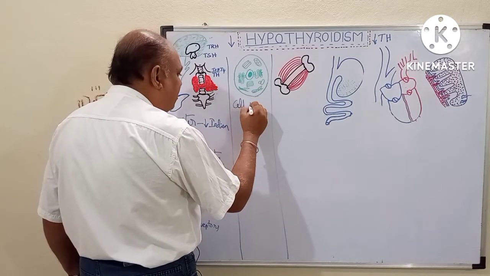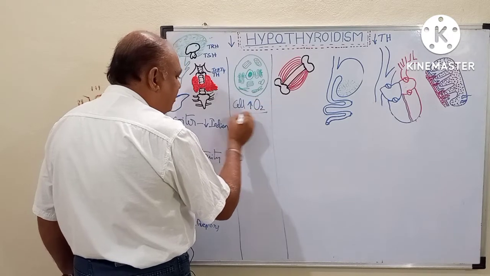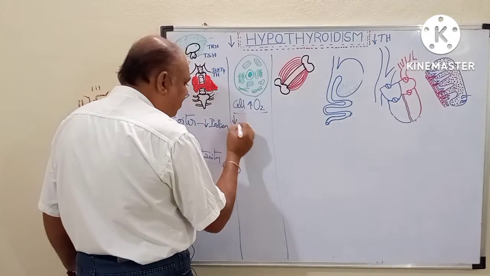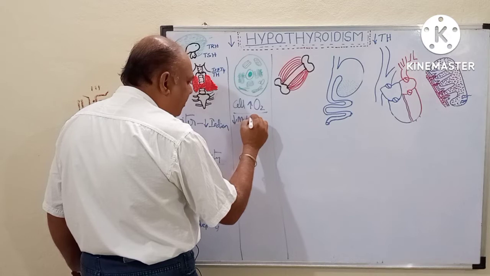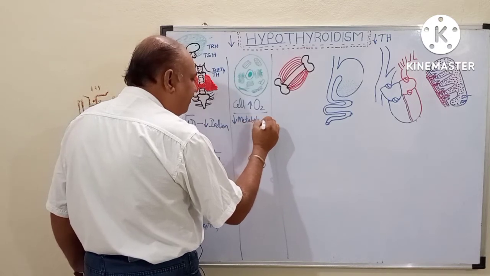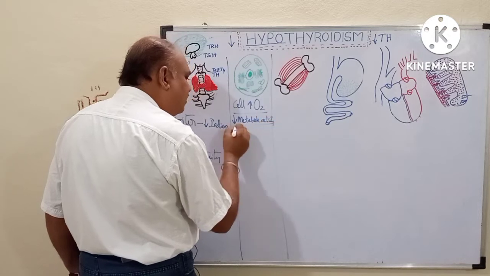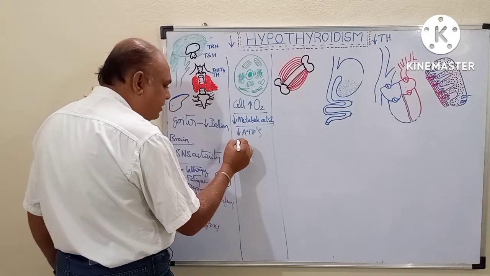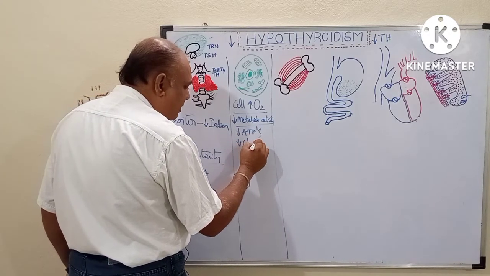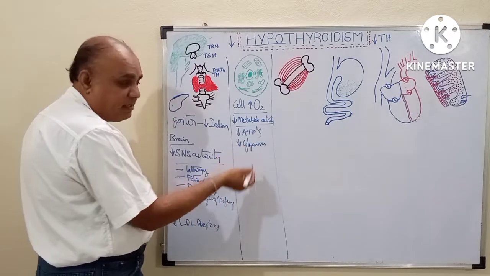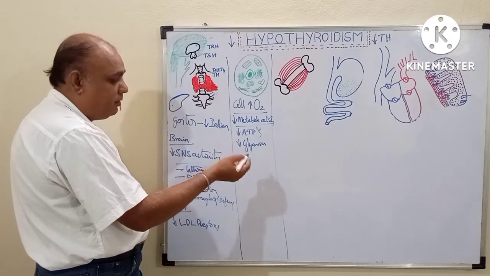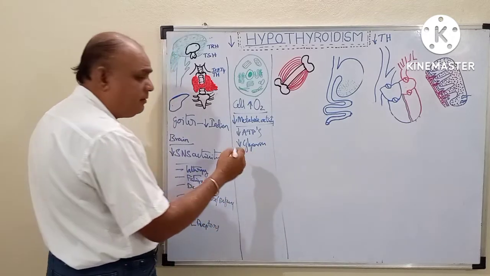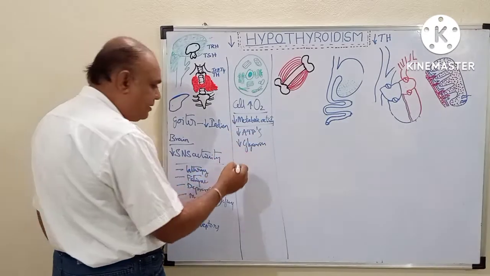In the function of thyroid hormone, we have seen that thyroid hormone will increase the usage of oxygen, whereas in hypothyroidism it decreases the metabolic activity, where the ATP will decrease and glycolysis decreases. Glycolysis is the breakdown of glucose into pyruvic acid, the energy of which is used for generation of ATP.